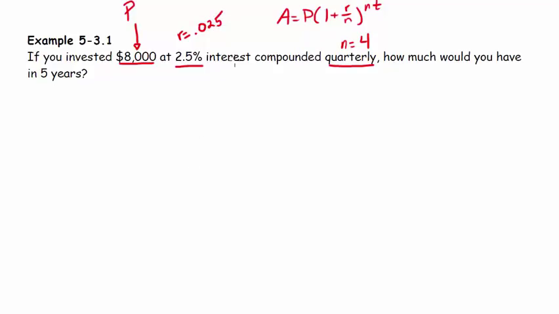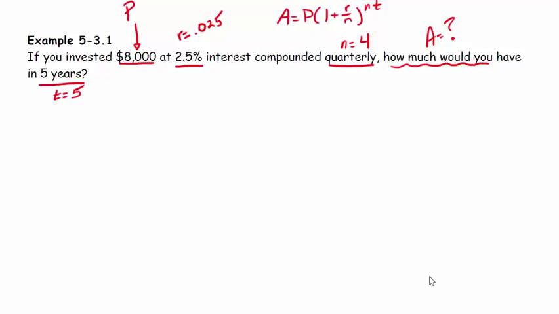We want to know how much we would have. This is saying I am looking for A. This is what we're trying to find, how much we would have at the end, and our T is 5.